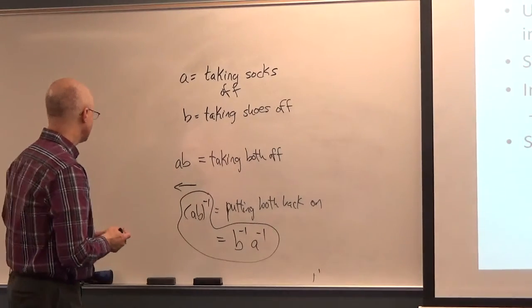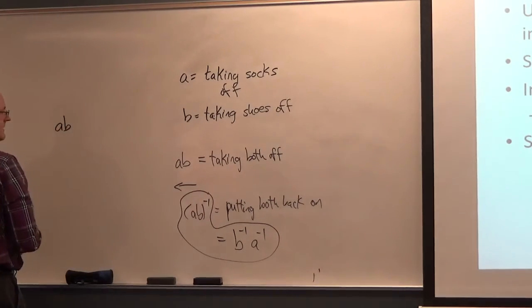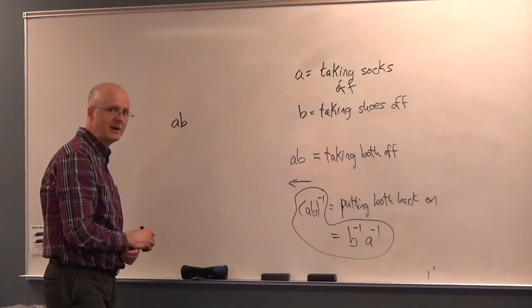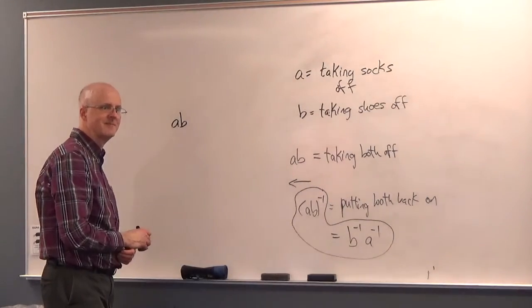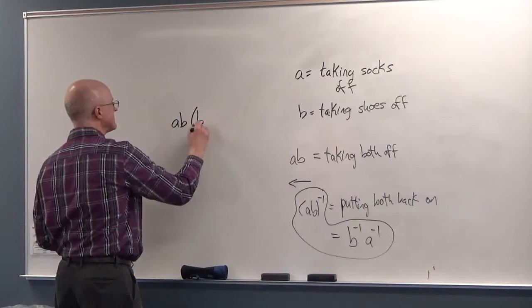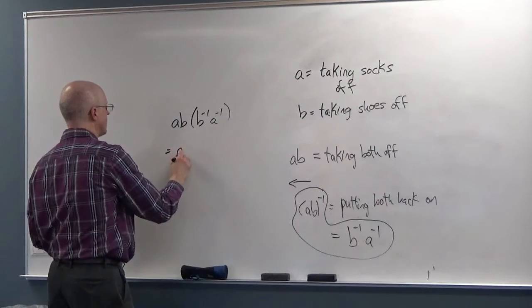How do you verify that? If this was a proof on the exam, by the way, you should not just write equations, you should write sentences. Multiply AB times B inverse A inverse. Use the associative property.